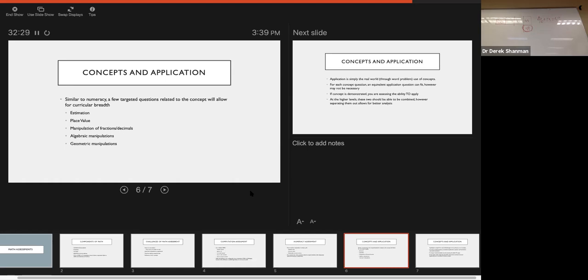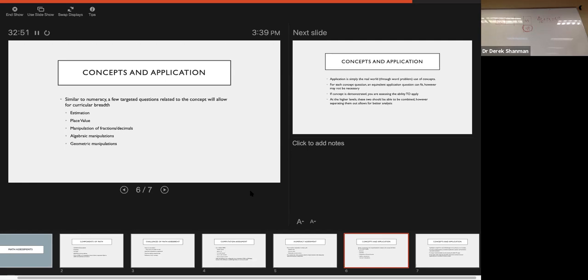So when it does come to these concepts and application, exact same as we just spoke about with numeracy, identifying the number of problems, the type of problems that are relevant to what you just taught is sufficient to assess the skills that you are targeting.